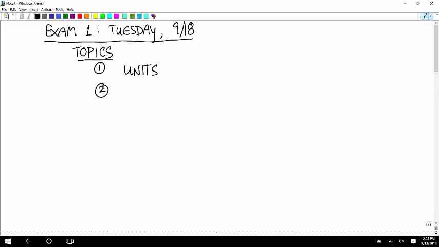And second, there will be some questions on 1D kinematics of particles, but it's only going to be questions like the first 4 practice problems. So 1D kinematics of particles, one through 4.